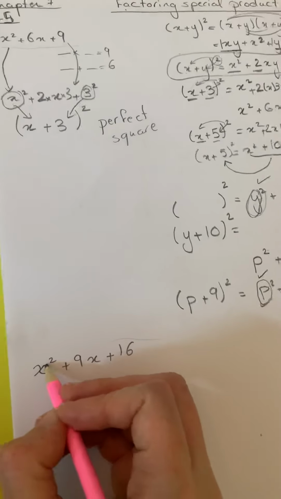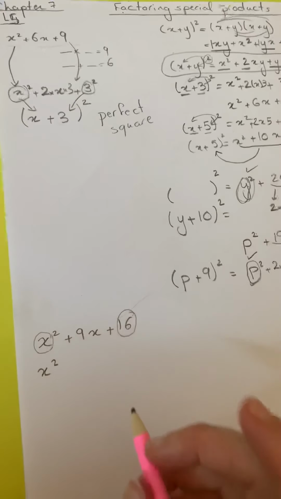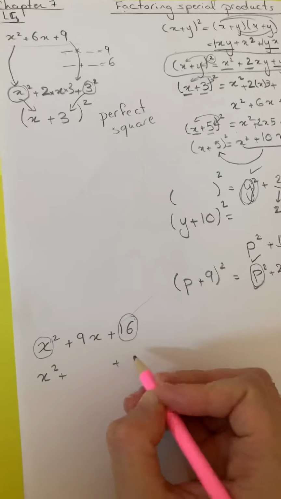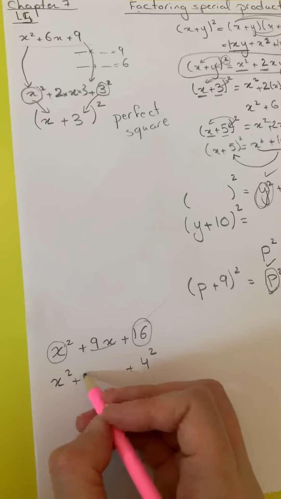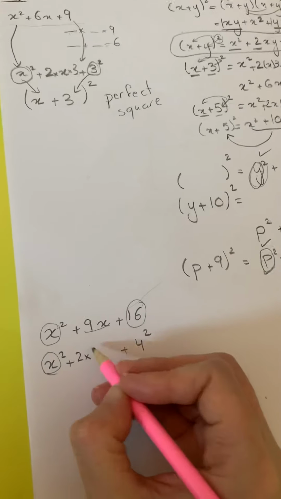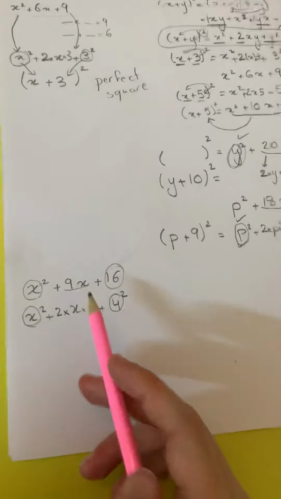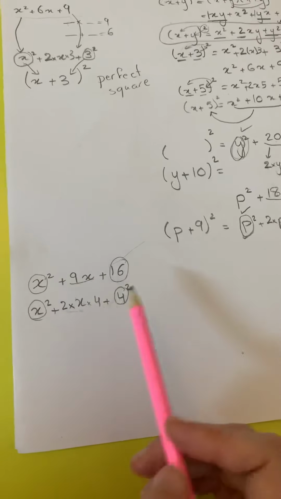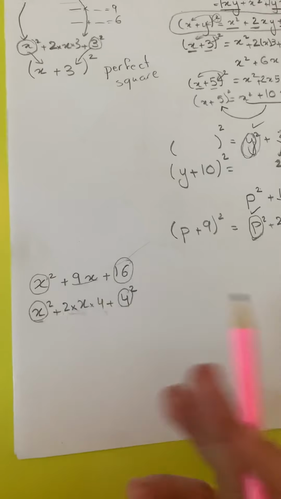So first, you would say, I need here x power 2 and 16, I should put it as something power 2, which is 4 power 2. Now, this one, I should write it as 2 times the first times the second. Is 9 2 times 4? No, 2 times 4 is 8.